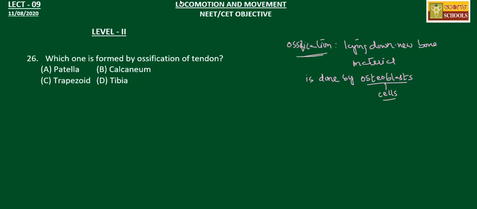So coming to the first option, patella. The patella is also called the knee cap, and this is a sesamoid bone. A sesamoid bone is a bone embedded within a tendon or a muscle.